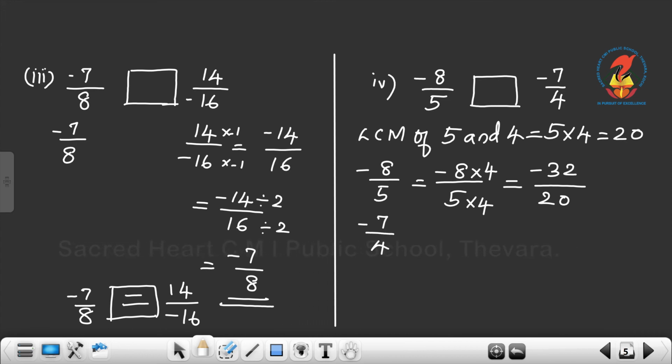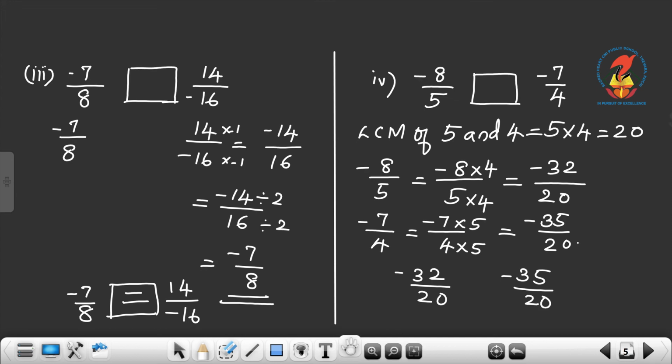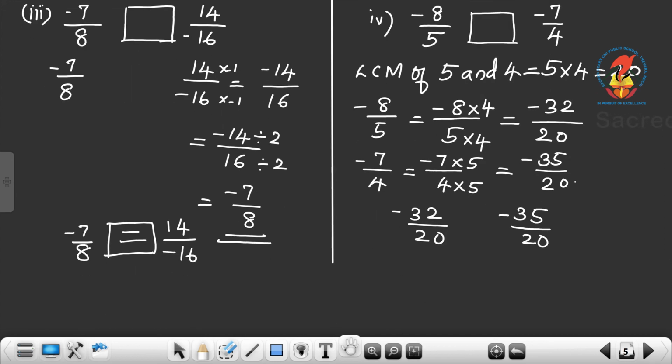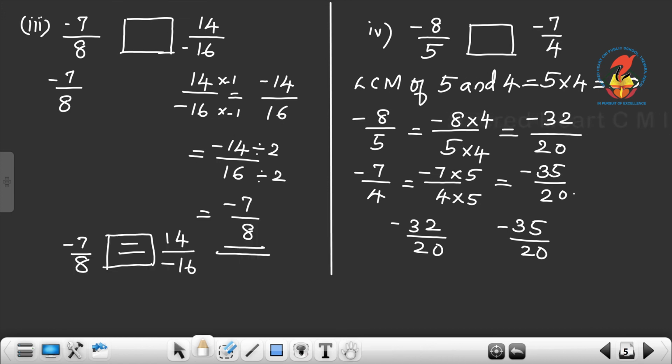Similarly, negative 7 by 4 equal to negative 7 by 4 into 5. So it is negative 35 by 20. Therefore, negative 32 by 20 and negative 35 by 20. Look at the numerators, negative 32 and negative 35.